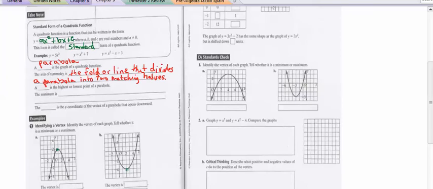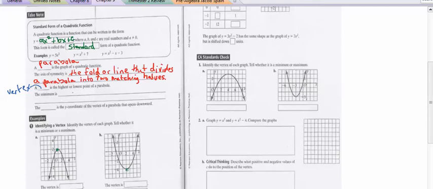Okay, I'm going to change my color because the next one's going to get mixed up with the red if I don't. The next line, it says A, and the word is vertex, is the highest or lowest point of a parabola, and I'm going to write it out here. A vertex, V-E-R-T-E-X, is the highest or lowest point of a parabola.